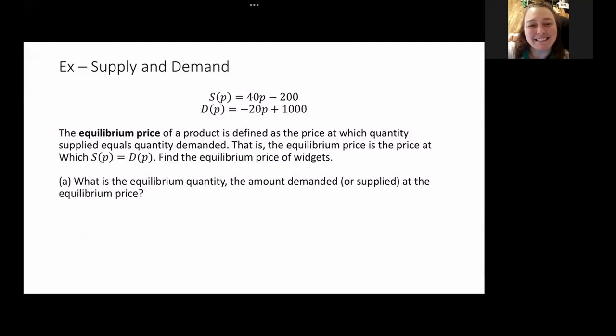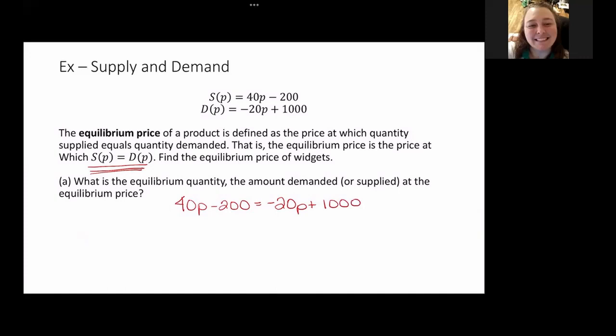So the equilibrium, by definition, is where S of P equals D of P. So let's set those equal together. 40p minus 200 equals minus 20p plus 1,000.